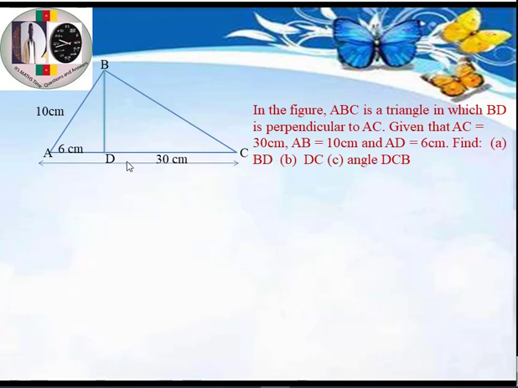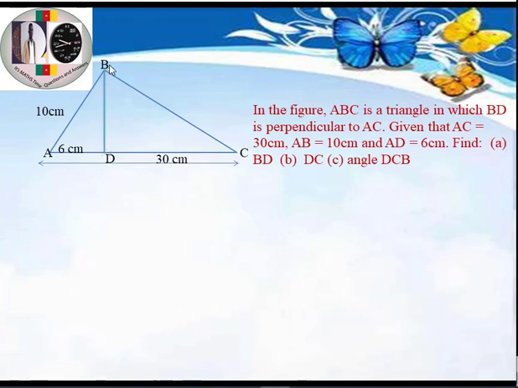So the question, as is self-explanatory, says ABC is a triangle and the line BD is perpendicular to the line AC. What do we mean by the line BD is perpendicular to the line AC? Meaning where the line BD and the line AC meet at this point, they form a right angle. Therefore, two lines are said to be perpendicular if, at the point where they meet, they form a right angle.